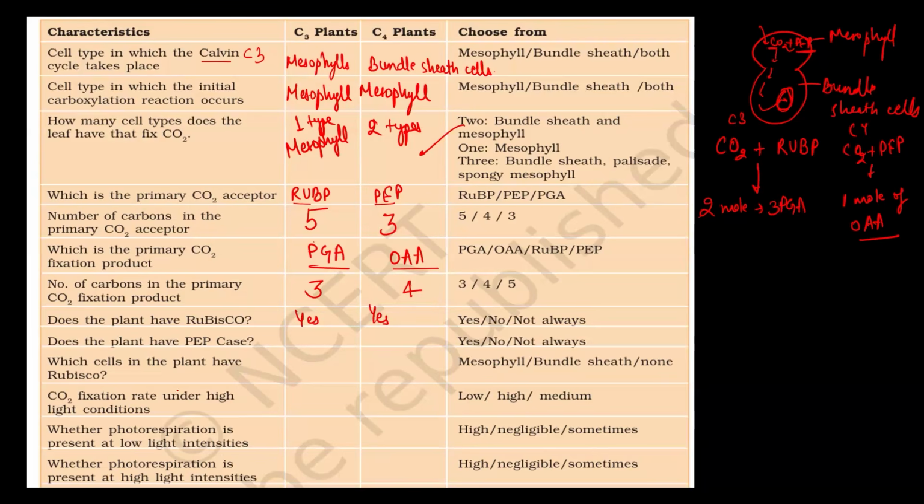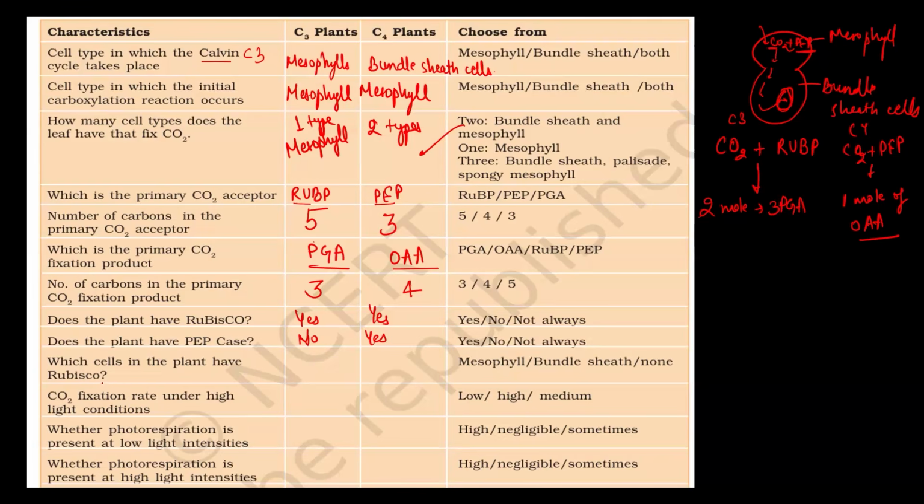That is true. Now, does the plant have PEPcase? So PEPcase is PEP carboxylase. It is not present in the C3 cycle, right? Because in C3 cycle, the rubisco initiates the process. But this PEPcase is present in the C4 plants and is also present in CAM plants, right?